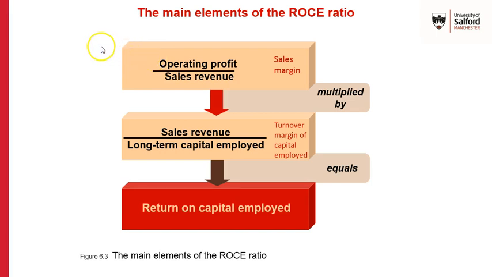Right, so let's have a look at return on capital employed. This is quite a common way of looking at it, breaking down the return on capital employed, and remember that's operating profit over long-term capital employed, that's shareholders and long-term liabilities.